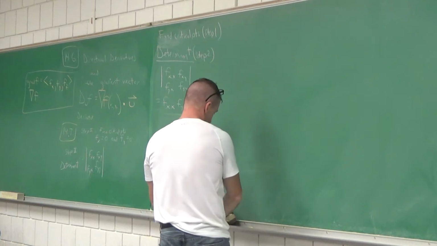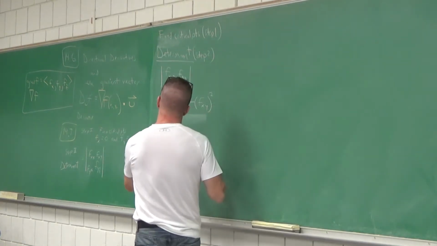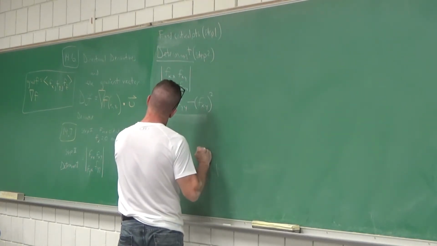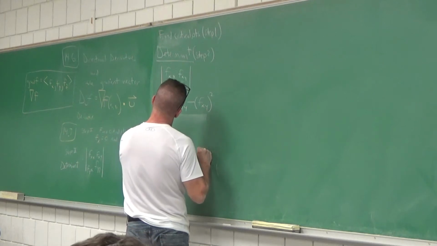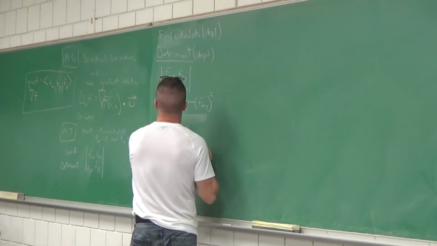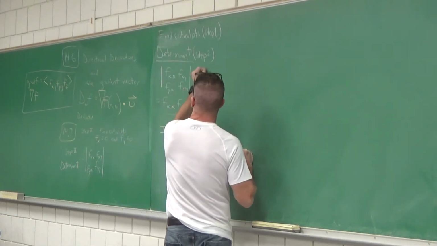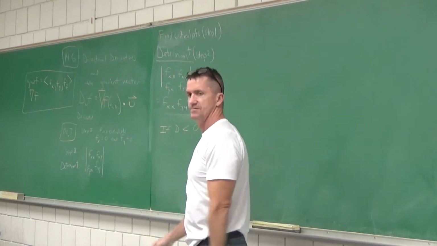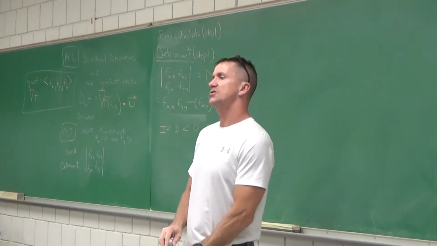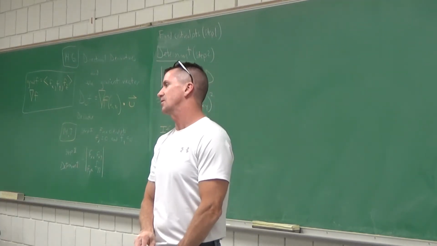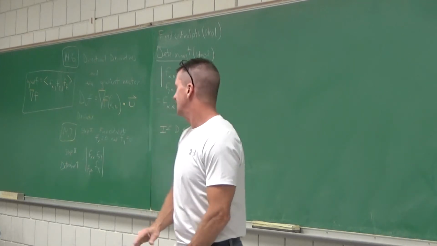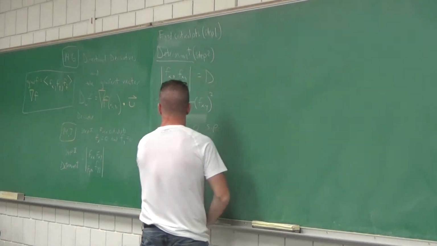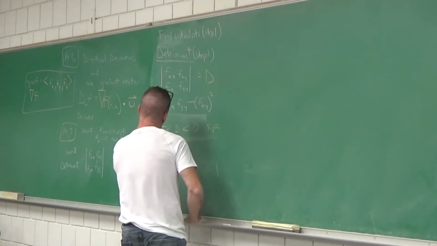Well, here are the scenarios. We'll call the determinant D, all right, everyone? If D is less than 0, you have a saddle point. So that's easy. But what if your determinant is greater than 0?